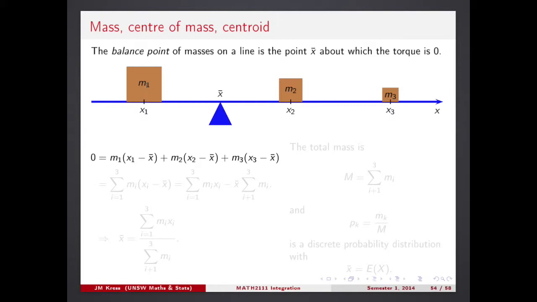Integration allows us to take this to the non-elementary level. When you do not have just a distribution of point masses, so not 10 or 20 or even 1,000 point masses, but a weight distributed continuously across some area. That's the only difference which integration brings into this picture.